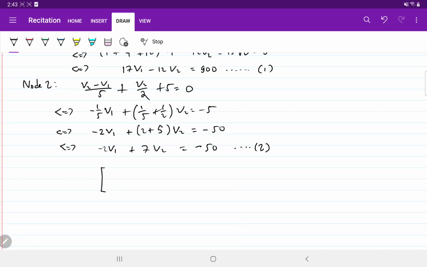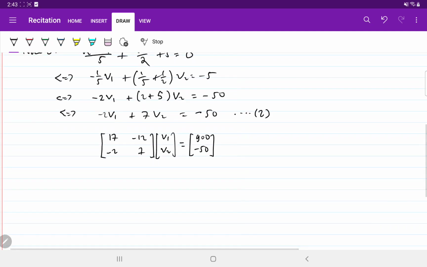So for this method, we write the first and second equation in matrix form. So we have [1 7; -1 2; -2 7] times [V1; V2] equals [100; -50], right? Okay.